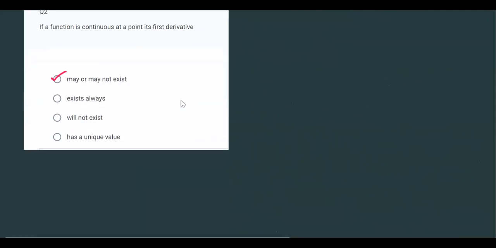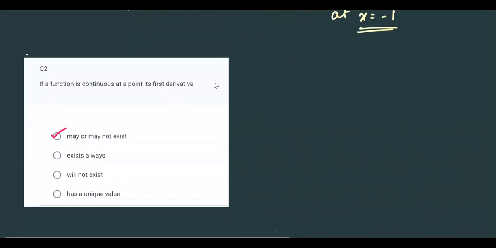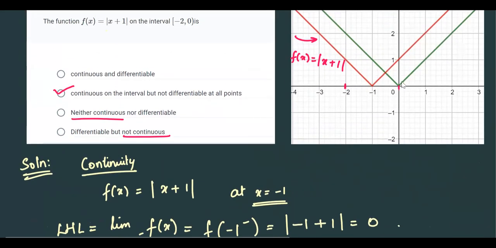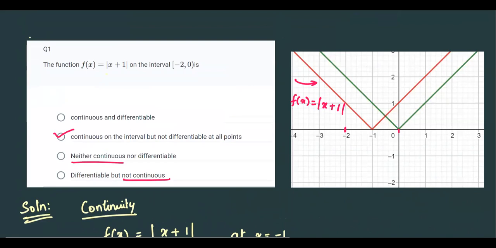Oh, I'm sorry. I was muted. The answer to this is if a function is continuous at a point, then its first derivative may or may not exist. The previous case is an example, where if you take the mod x graph, the function is continuous at x equal to 0, but it is not differentiable.